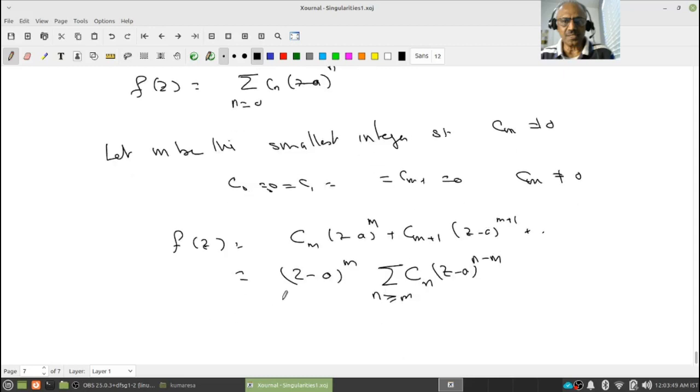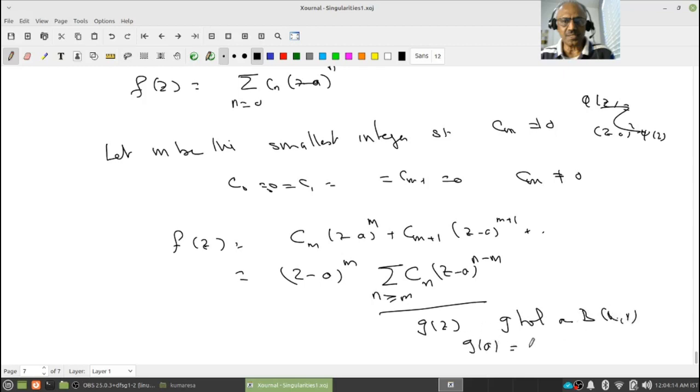Notice that this is exactly what we did in the case of our phi of z earlier. In the removable singularity, phi of z we wrote as (z minus a) squared into psi of z. Do you remember that? That's what I am imitating here. Have you understood this? And this, if you call it g of z, then g is holomorphic in B(a, r). And what do I know about g of a? g of a is c_m, but that's not equal to 0. Therefore I have written f of z as (z minus a) to the power m into g of z with g of a not equal to 0.